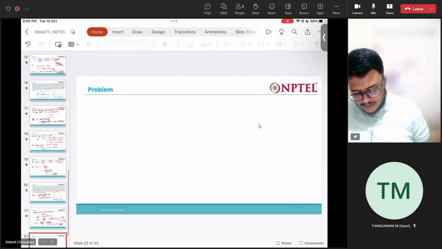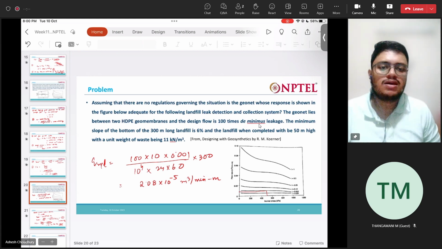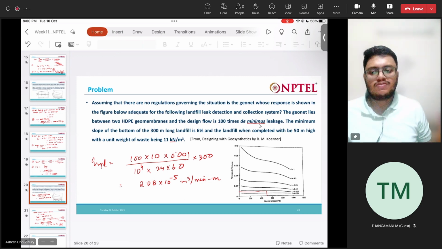All right, so this was all. Not many problems are there. These are very simple also, right? Just find out the Q, and then determine the factor of safety. Very simple and normal also. Nothing exceptional here.